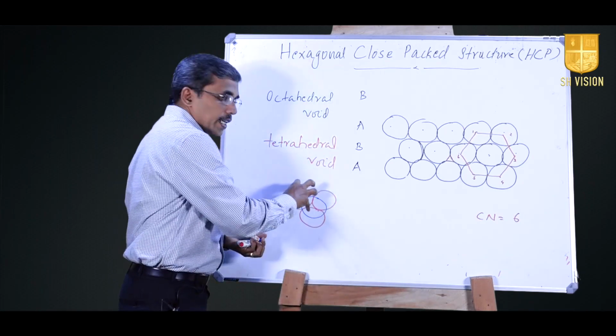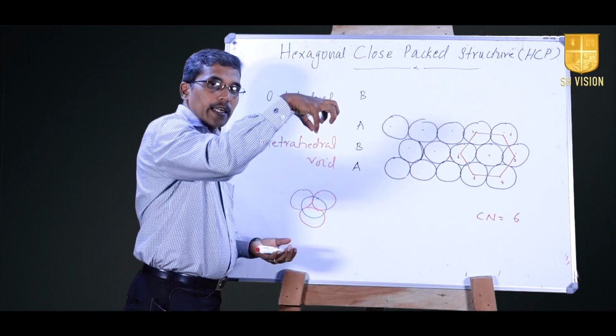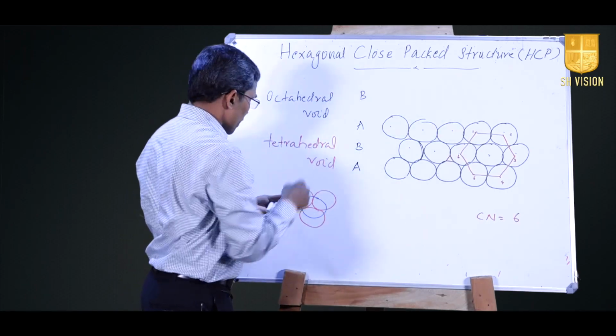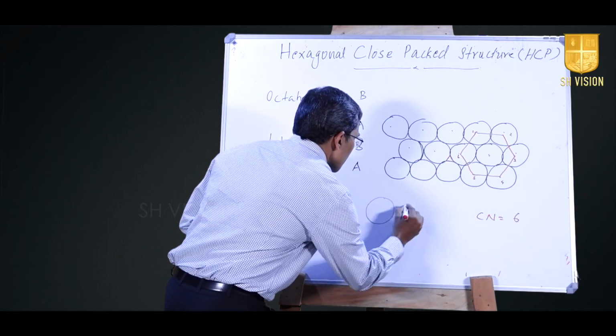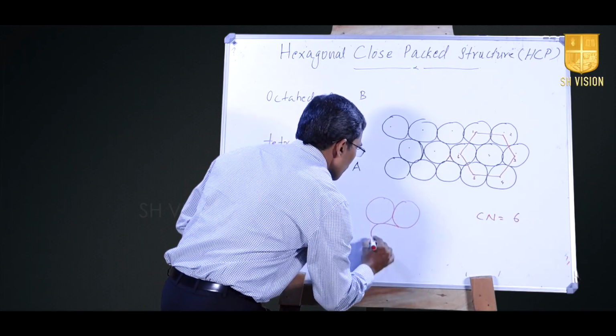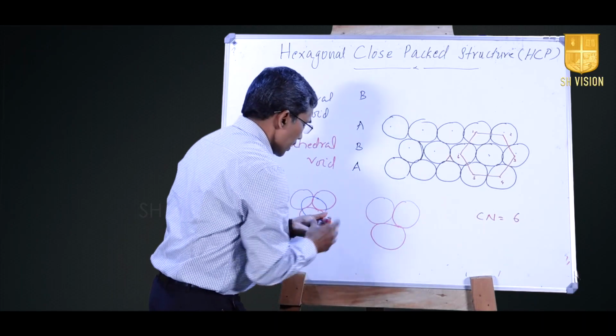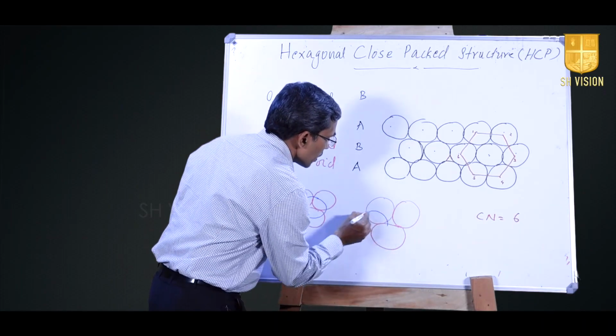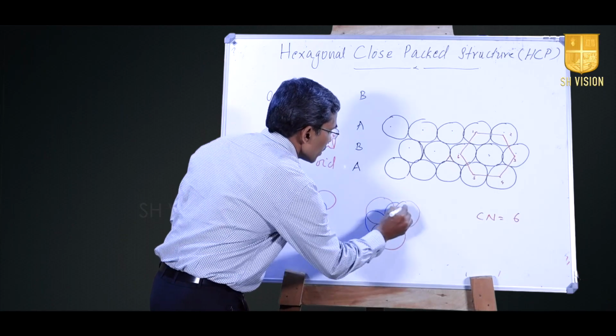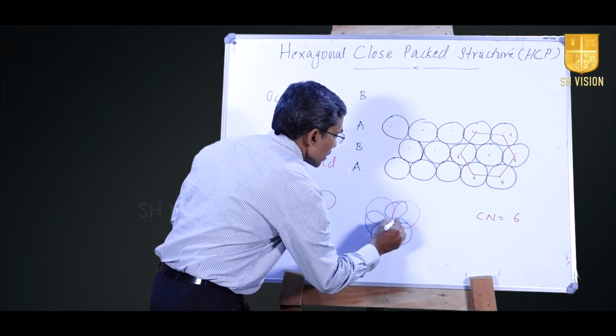So, one triangular void is covered by an atom from the upper layer, whereas in the case of octahedral void we will be having like this. This is one here and here there will be a gap. So, here there will be another one and like this.